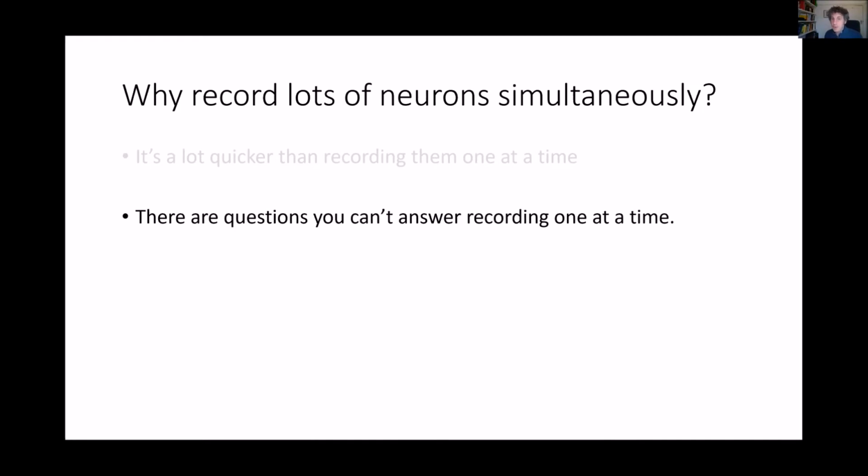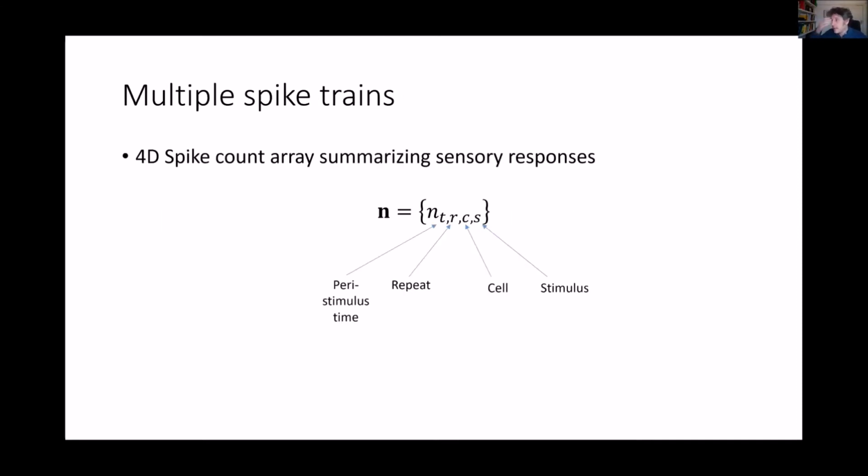Now, let's talk about the sort of things you can only answer with simultaneous recordings. So first, a way to think about the data. Suppose, and this is quite common in sensory physiology at least, you're recording a population of neurons in response to sensory stimuli, and you've got a whole lot of cells. You repeat each stimulus multiple times, and then you record as a function of time.